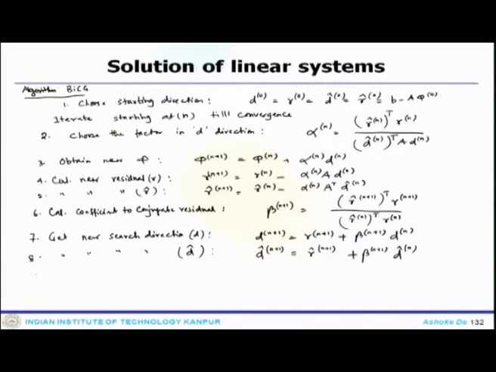So, immediately one can see the BiCG process takes twice the computational time that CG takes because of this. Now, also as we have seen for the conjugate gradient, one can have preconditioned conjugate gradient.